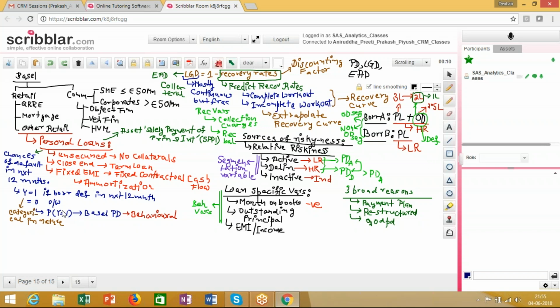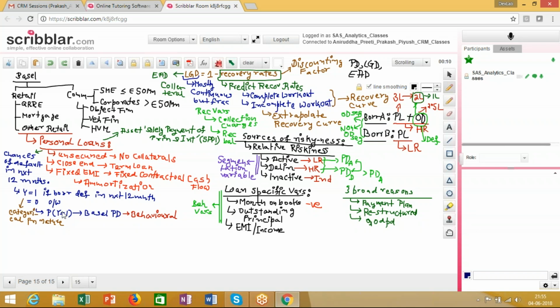All these three groups of models that we have for computing expected loss are pure behavioral models. So what are behavioral models? Behavioral models are models which are developed to assess the behavior of the borrowers.